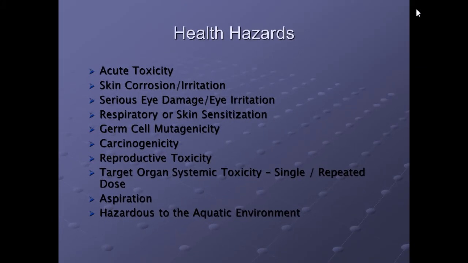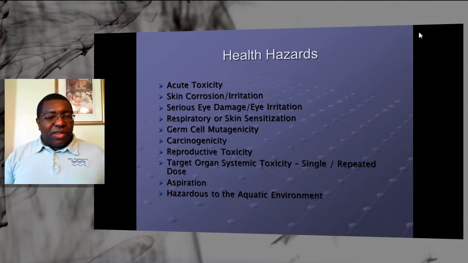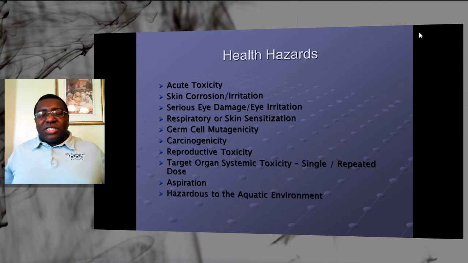Moving on to the health hazards. Here are some of your health hazards: acute toxicity, skin corrosion, irritants, eye damage, germ cell mutagenicity. Of course, I always have a tough time saying that one, so while you're reading it, say it to yourself so you know what it means. Everyone's seen shows and movies dealing with mutants, where something changes your cells and then they get superhuman strength.